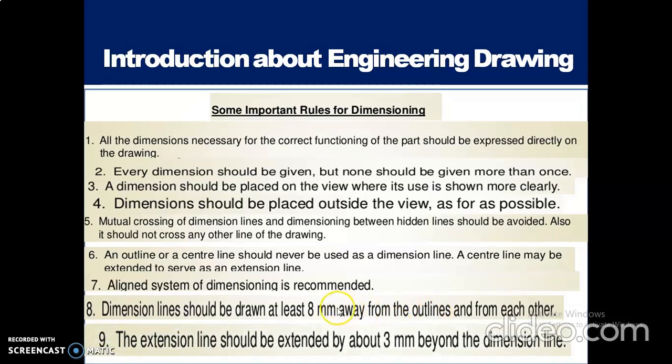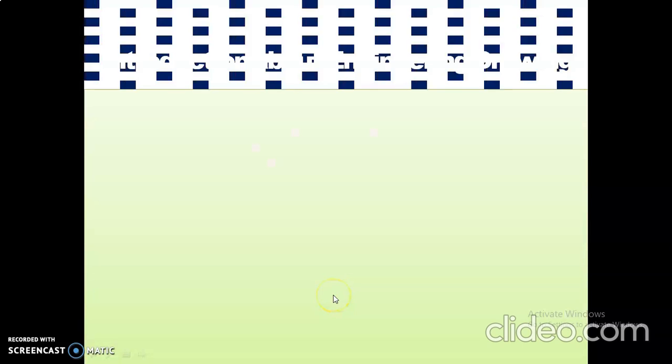Next, the ninth one: the extension line should be extended by about 3 mm beyond the dimension line. So after the dimension line, the extension line should be 3 mm extra. I will show you here.